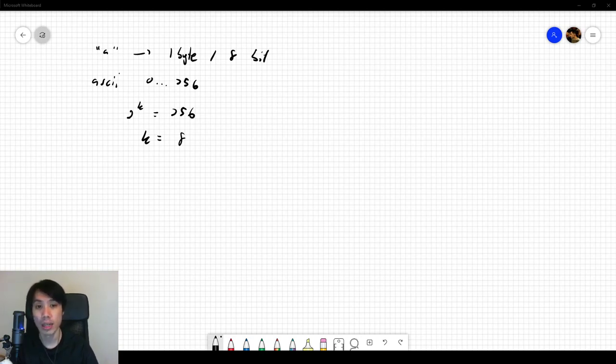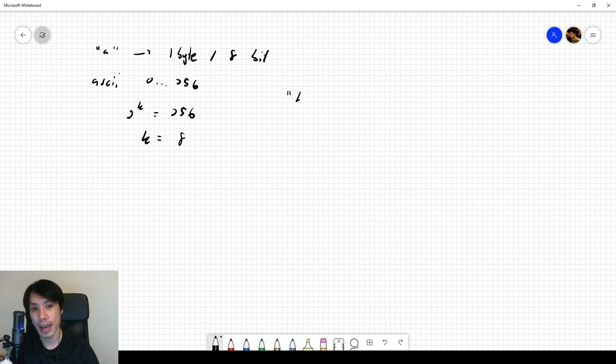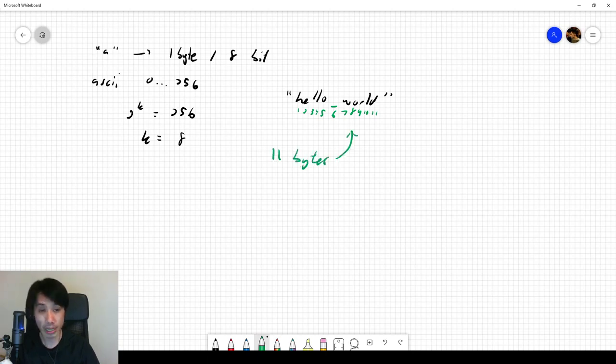Okay, so if I were to save hello world, I will have 1, 2, 3, 4, 5, 6. Remember the space is also another character. 7, 8, 9, 10, 11. Right, so I will need 11 bytes for me to save my string, or 88 bits, because every single character is 8.